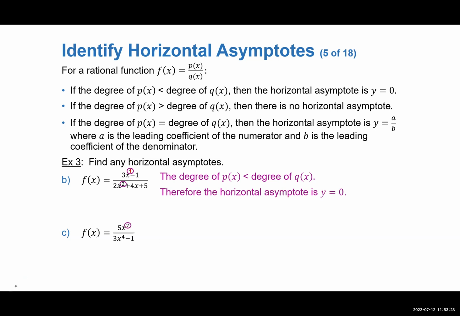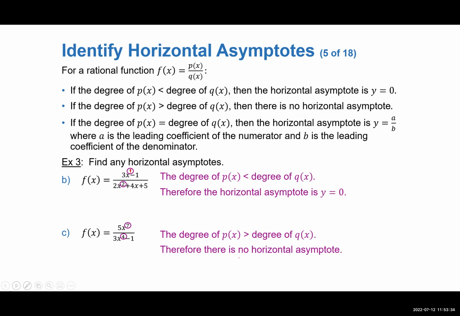This next one is top heavy, so the horizontal asymptote is none. Top heavy, none. Bottom heavy, 0. Equal, leading coefficients. You will have to memorize that.